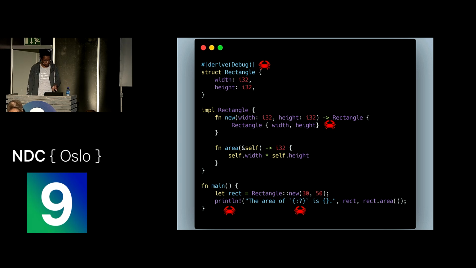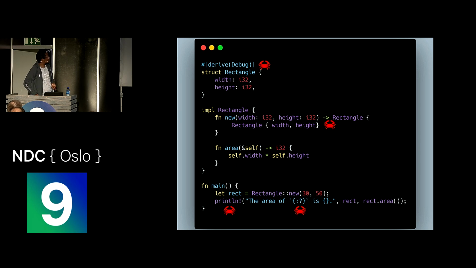At the top, you can see there's a hash and a derive and this Debug thing. This is a macro. We have two types of macros in Rust, one at the top and one at the bottom here with the println. These help you do a bit of metaprogramming.